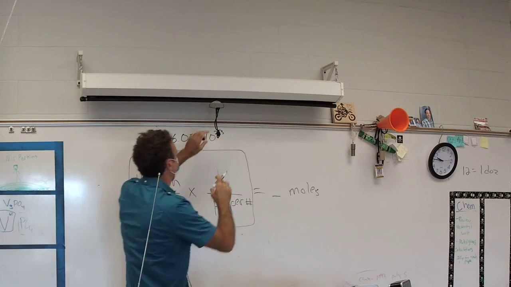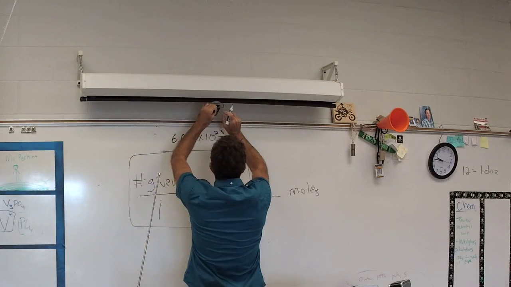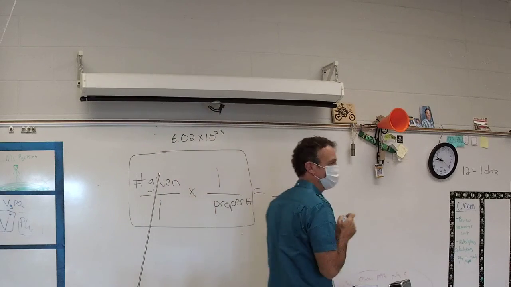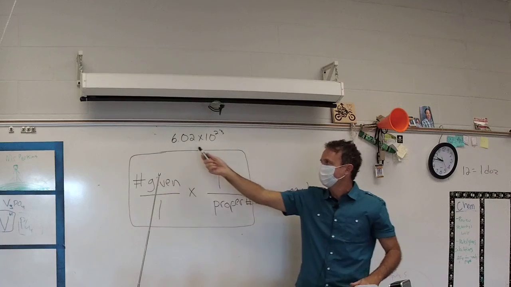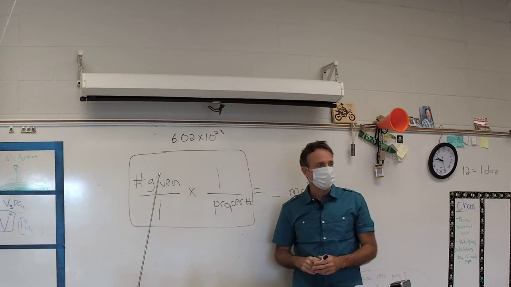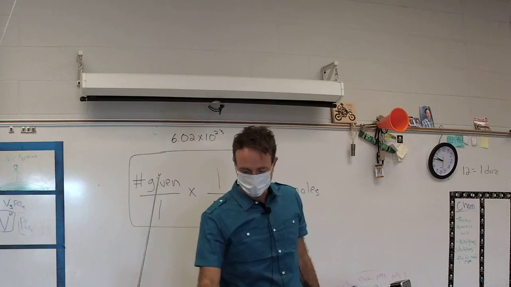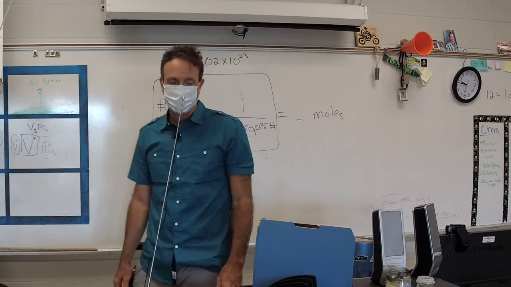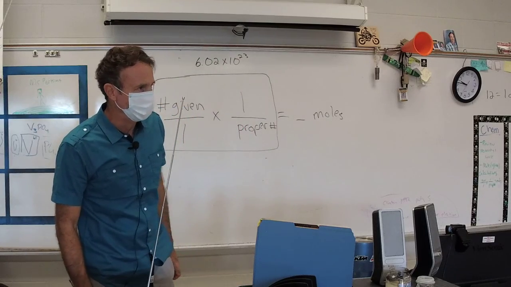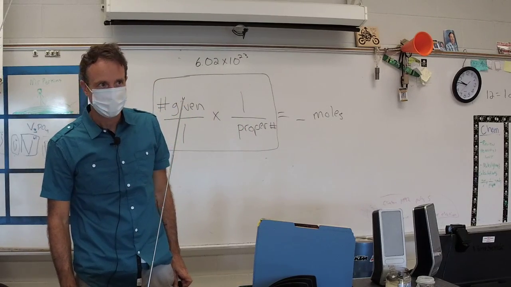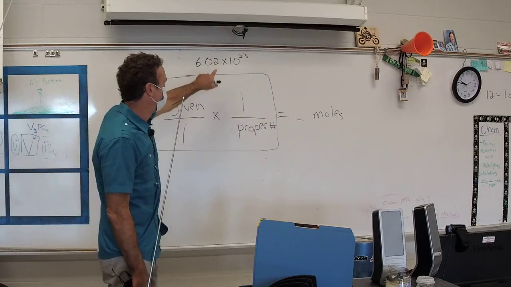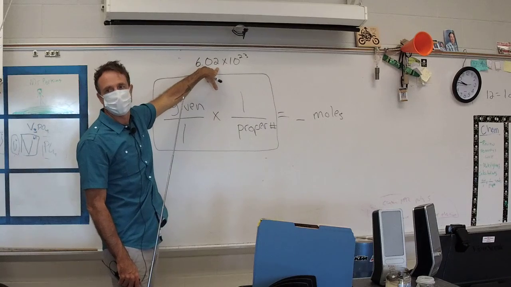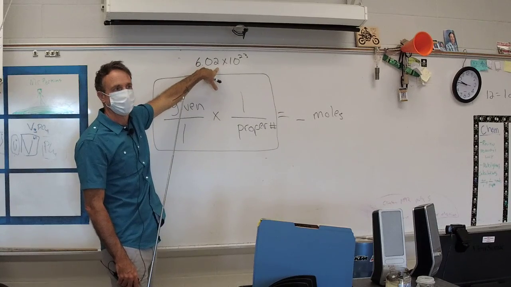Just like 12 is the number for a dozen, this is the number for a mole: 6.0 times 10 to the 23rd. It's a very large number. It's roughly equivalent to all the grains of sand on all the beaches and all the deserts in the world. It's a big, big number, okay? Now, if you have this many atoms of a substance, you have an entire mole of it, right?